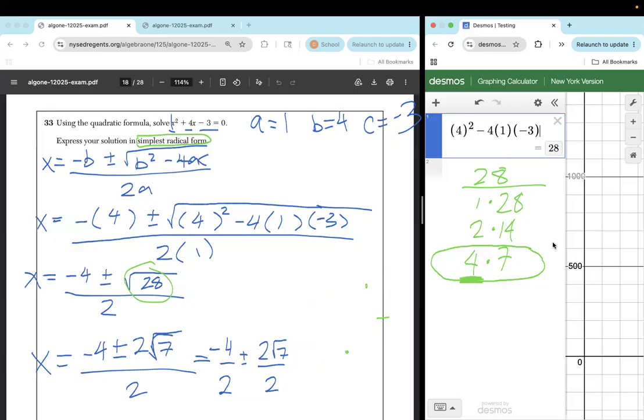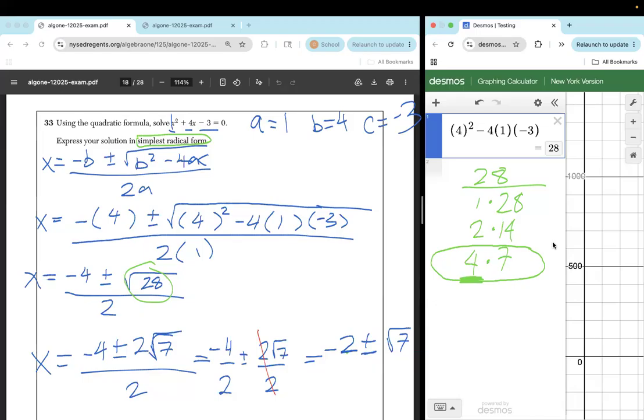Negative 4 divided by 2 is negative 2. 2 root 7 divided by 2, those 2's will cancel out because 2 divided by 2 is just 1, so these will cancel out. Plus or minus root 7.